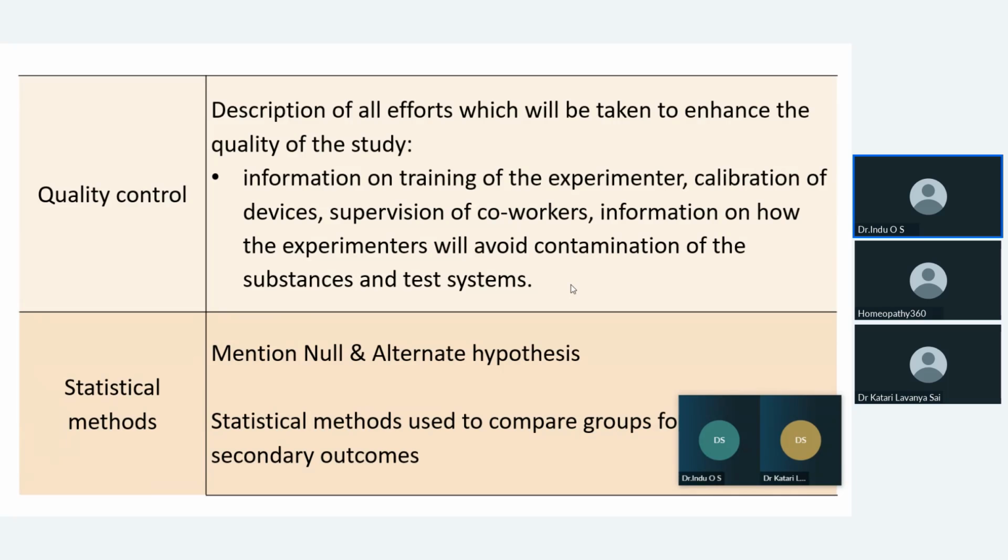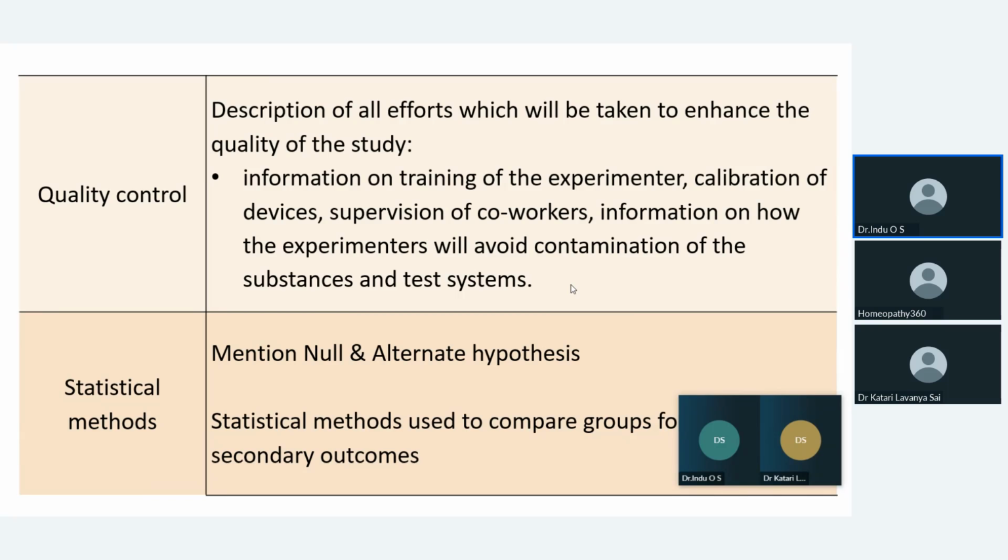Biostatistics we study in the MD syllabus. Those who have done MD may know that we study research methodology and biostatistics. In that we get some idea about what is t-test, student t-test, paired t-test, and ANOVA.